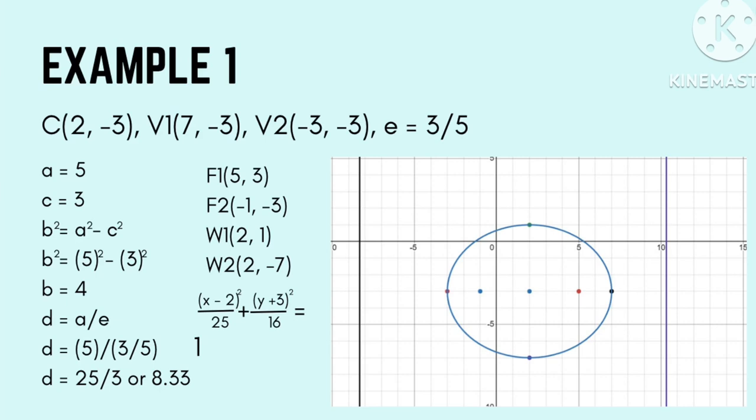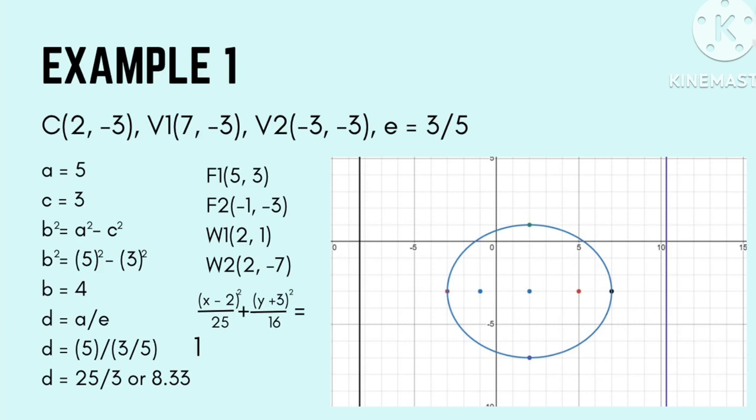If we subtract it, we get our F2, which is negative 1 and negative 3, since c is the distance between the center and the focus. For our co-vertex, we just need to add and subtract our value of b. So we will have W1 is 2, 1, and W2 is 2 and negative 7.